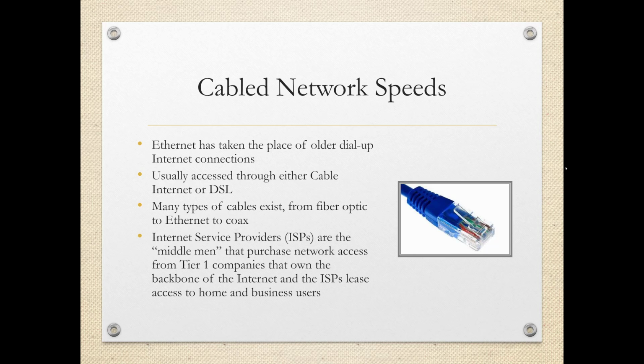The cable networks that we use today are usually either accessed through cable internet or DSL. That kind of depends on your geographic region. DSL does still reach out to more rural areas. Cable internet is available in more newer developed areas, or at least areas where cable had already been run, but it is continuing to be improved.